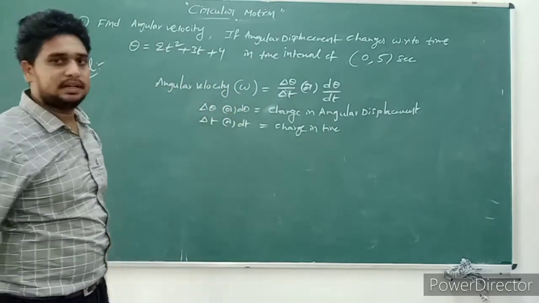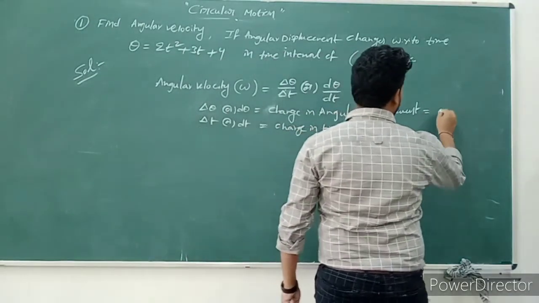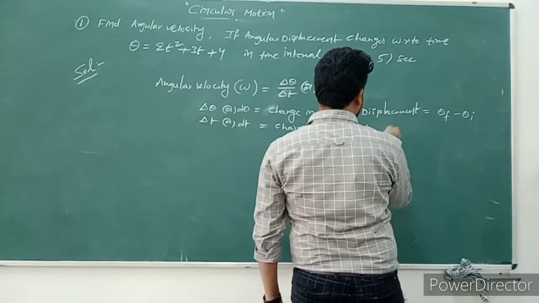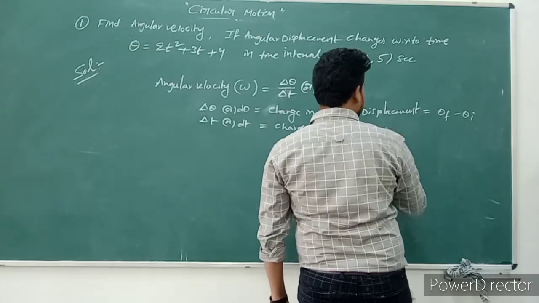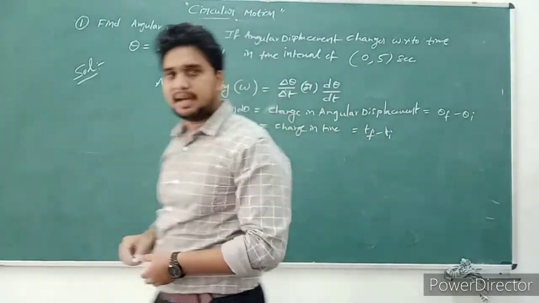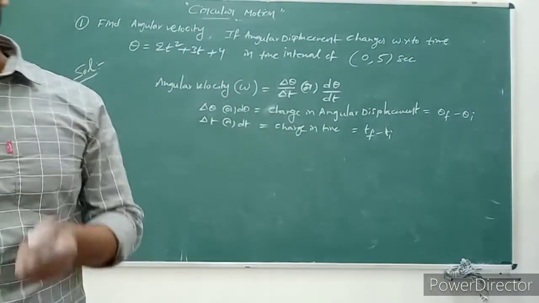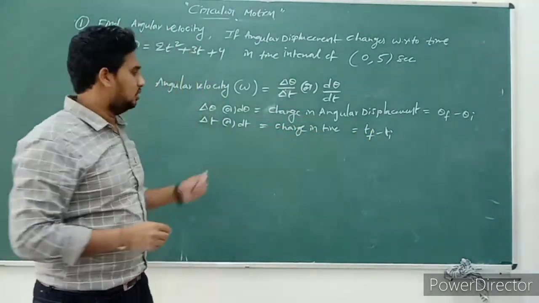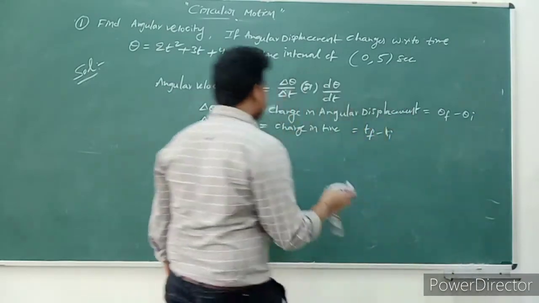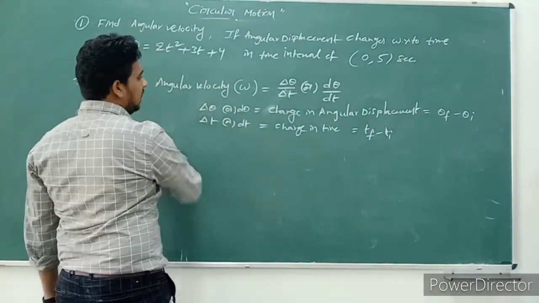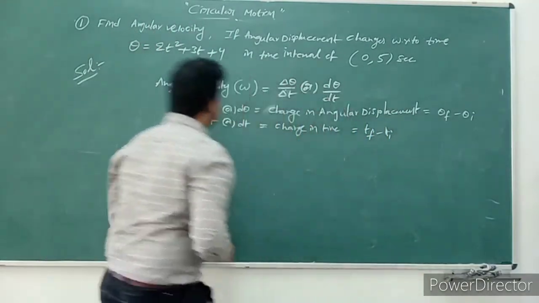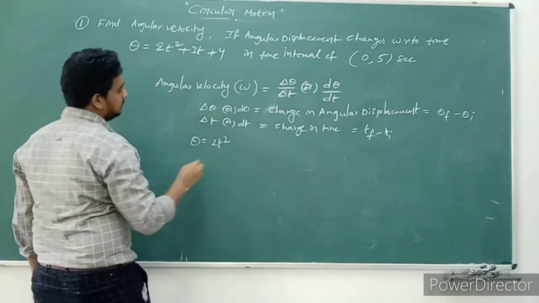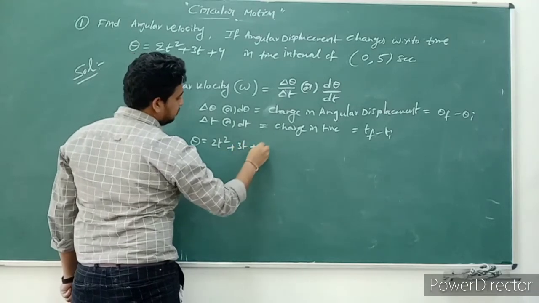We also indicate it like this: theta f minus theta i, and here t f minus t i, that is final angular displacement minus initial angular displacement, final time minus initial time. Observe carefully, theta is equal to 2t square plus 3t plus 4.